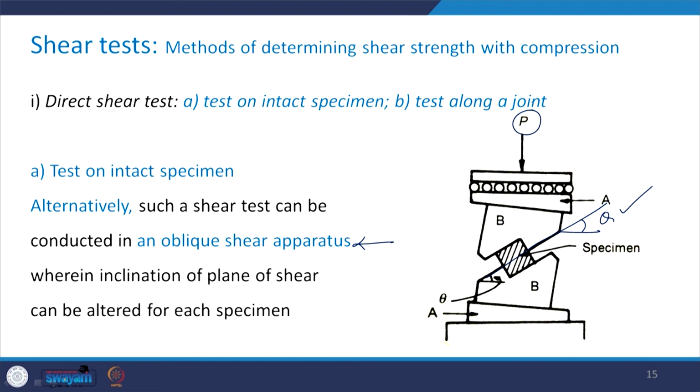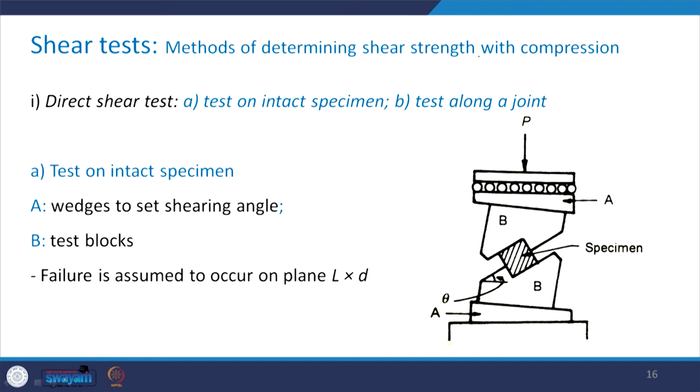Now, the question is, I am discussing the shear strength test with compression. So, where is that in this picture? It is not really visible right now. Let us go ahead.